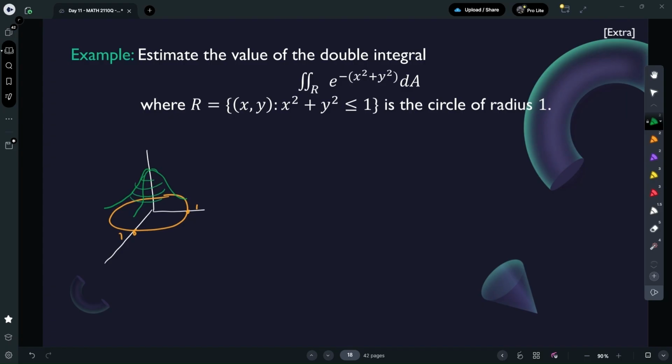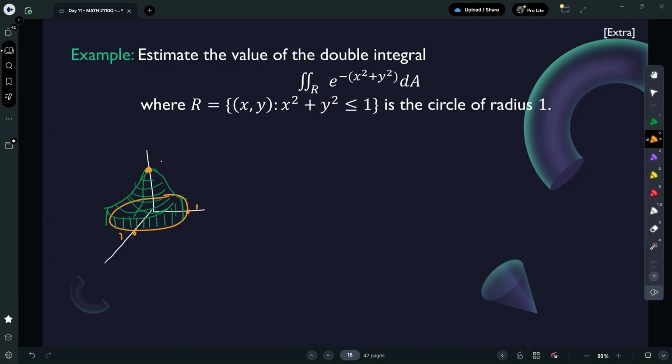So the cross sections or the level curves are circles, and they're sitting above a circle. And I want to compute what is the volume above the circle of radius 1 for that bell curve, that would have applications in probability, for example. So what I can do is fit this into two different cylinders.